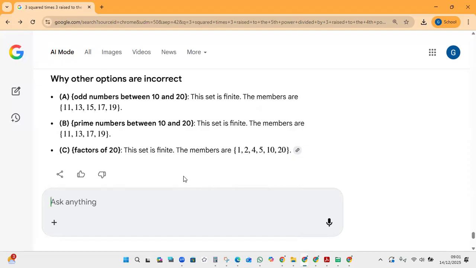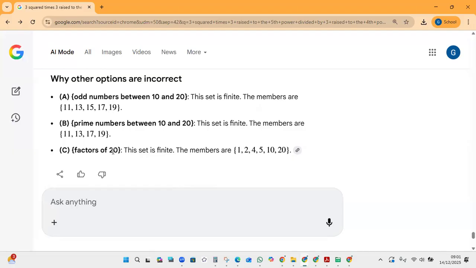Between 10 and 20, 10 is the lower, 20 is the upper limit. So therefore this set is finite. It has an interval, two boundaries, lower boundary, upper boundary. It goes on to say the members are 11, 13, 15, 17, and 19, and that's it.